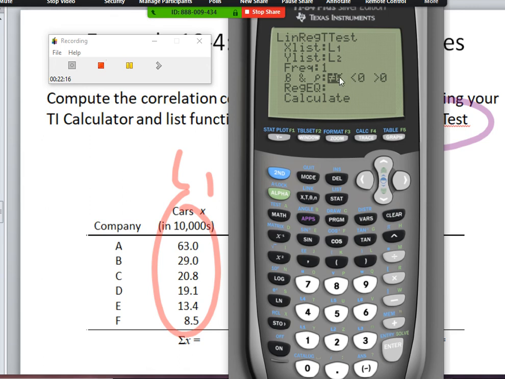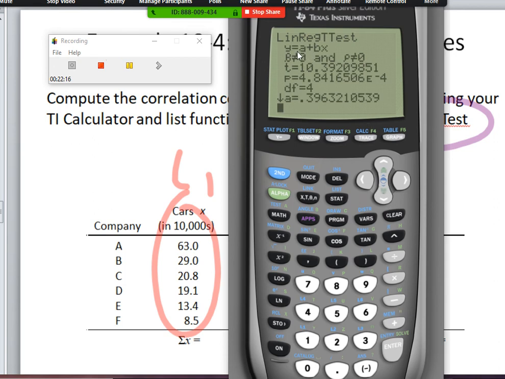We just care that there is a correlation of some sort. So not equal to is fine. Leave this reg EQ blank. I have no idea what it is. I don't care. Ignore it. Hit calculate.